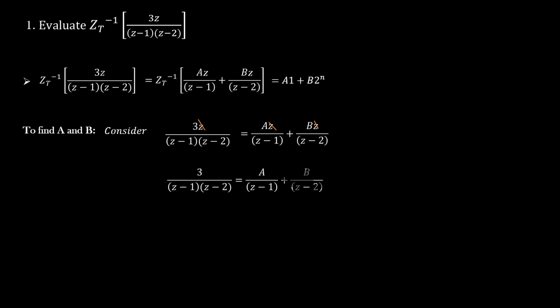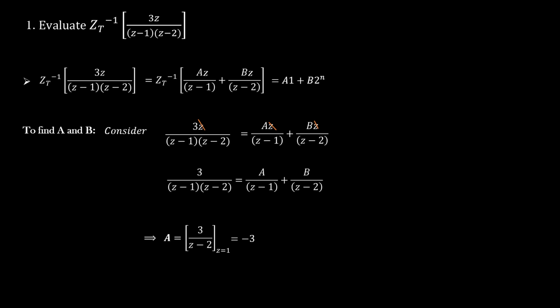Just cover the term z minus 1 on both the sides so that you will get A as 3 divided by (z minus 2). Now substitute z is equal to 1. Therefore, A is equal to minus 3.